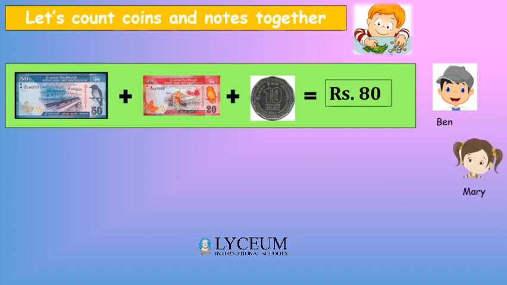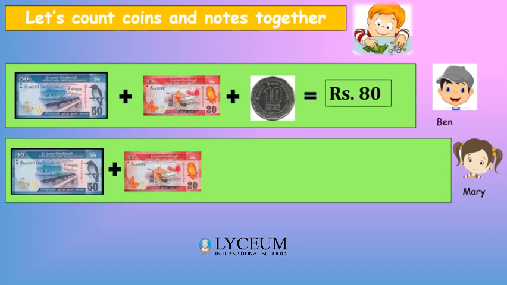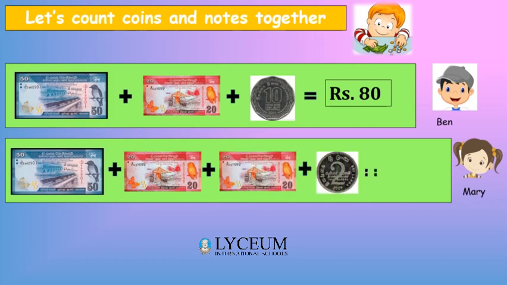Now we come to Mary. Mary has 50 rupees, 20 rupees and another 20 rupees and 2 rupees. Okay, let's start. Nothing to worry. 50 plus 20 makes 70.